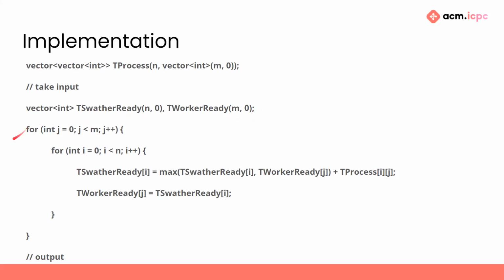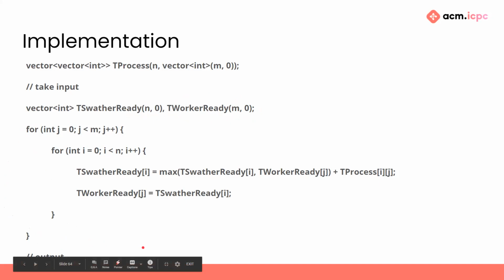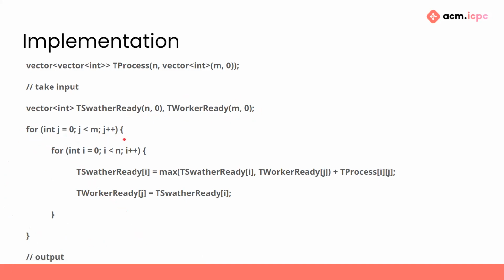All right, and then let's look at this nested for loop. The outer loop loops through the stages, just like what we did earlier. We looked at stage 1 first, and then stage 2, and then stage 3. So we looped through the stages using the outer loop.